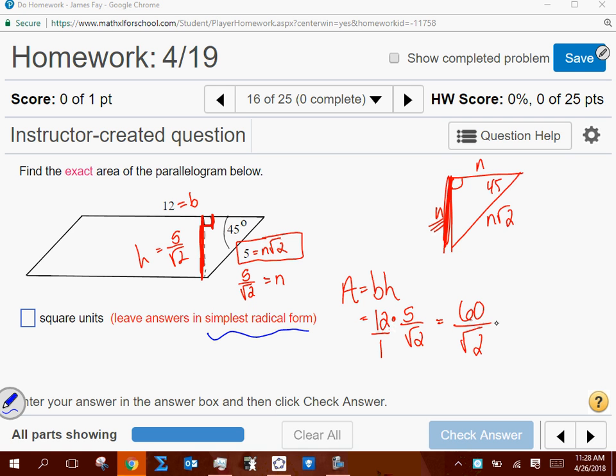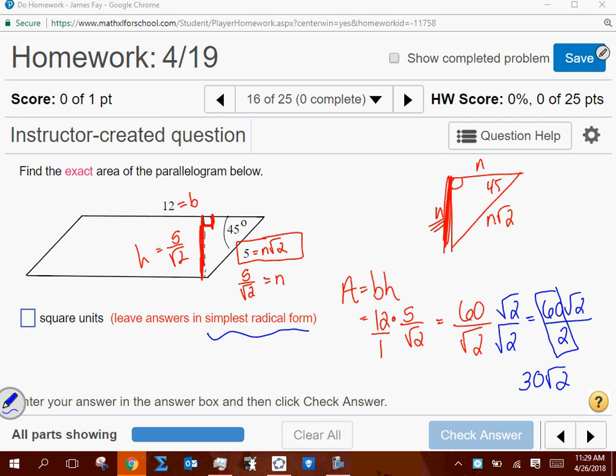So multiply by radical 2 over radical 2. That fraction is ultimately what number? 1, and that's why we can do that. We're just multiplying by 1. So it gives me 60 radical 2 over 2, and now those two numbers give me 30, so 30 radical 2. And whatever unit we're using, that would be square units.